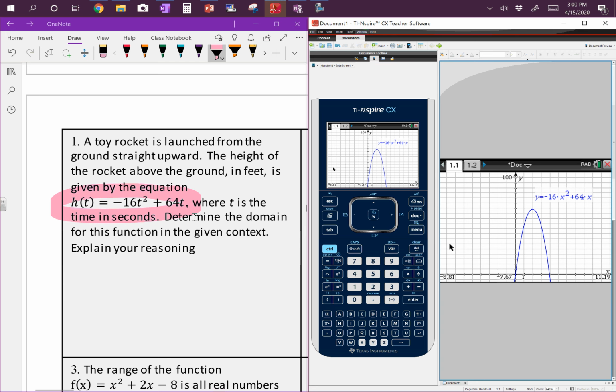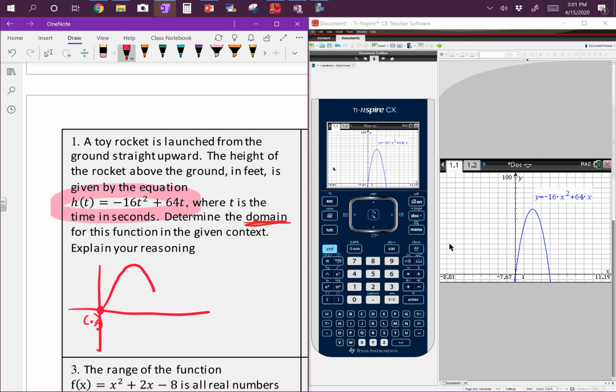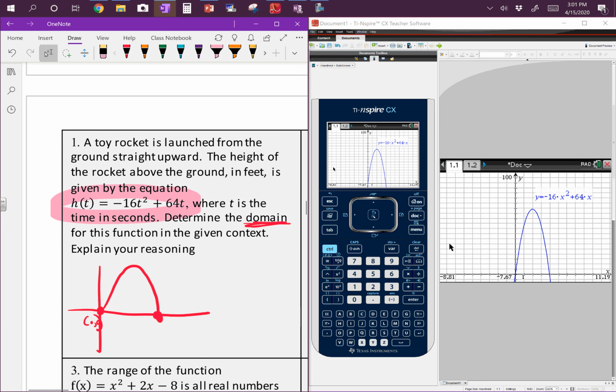Okay, determine the domain for this function. Domain. Now, this one's actually a trick question, one of my absolute favorites. So what happens is we've got this rocket. This rocket is launched at 0, 0. It goes up into the air, and then it comes down, and then it lands on the ground right here at about 4, 0.